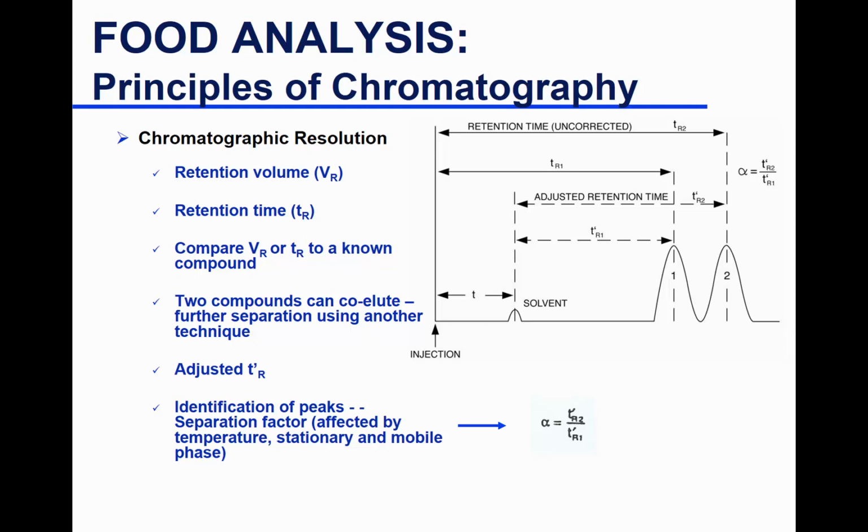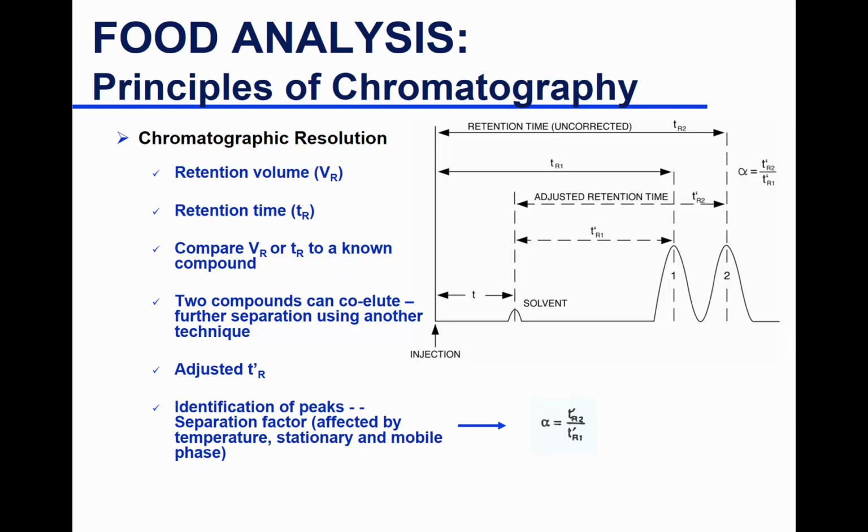What is sticking to your column or stationary phase? Your solute. So the retention volume is the mobile phase volume it took to get your solute out. That would be how long the solute stayed on the column from the beginning of the column to the end. How long did it stay until it came out and was detected by your detector?